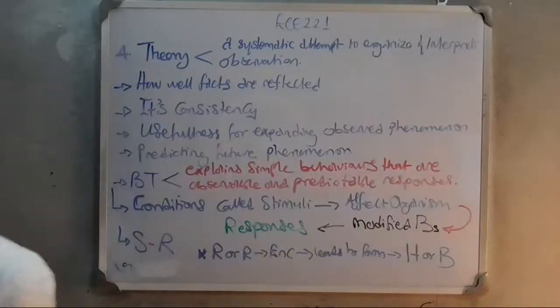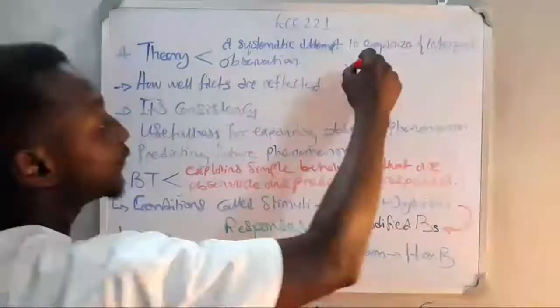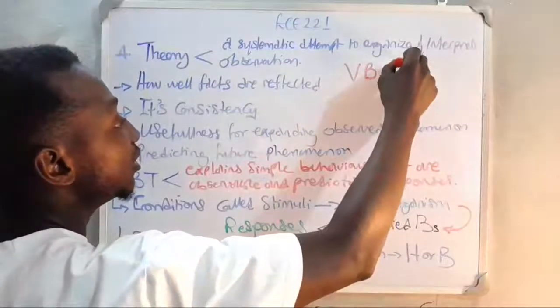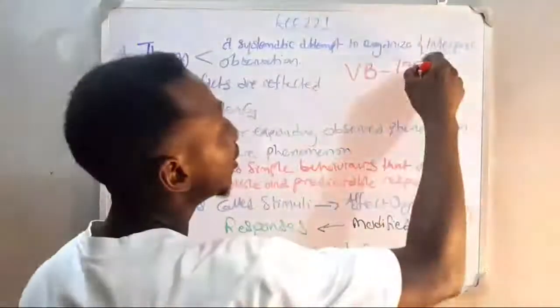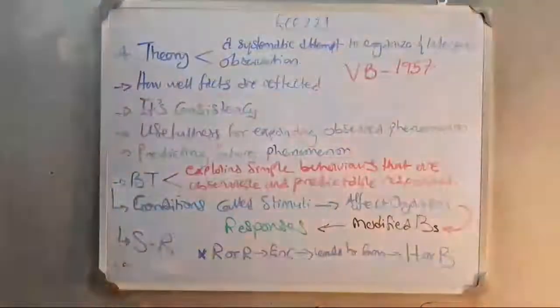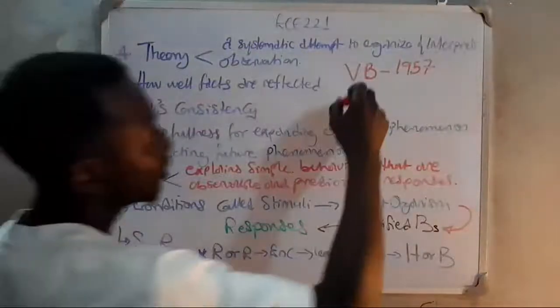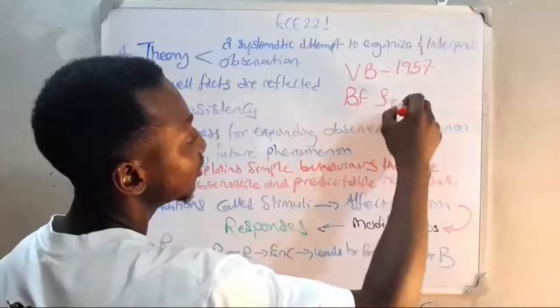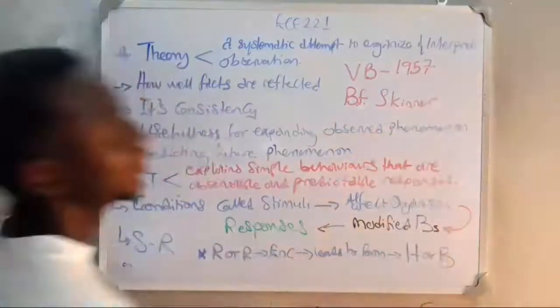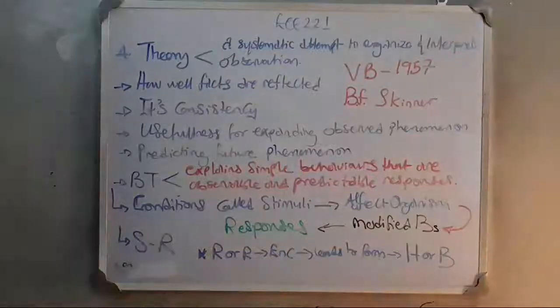He expressed his view on language learning in his book titled Verbal Behavior, published in 1957.